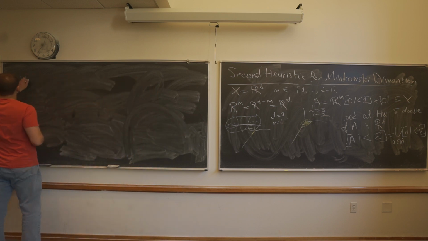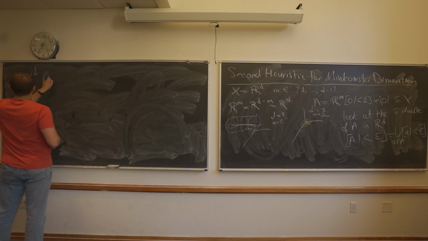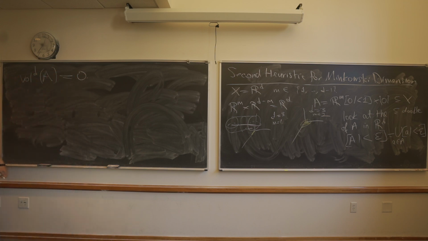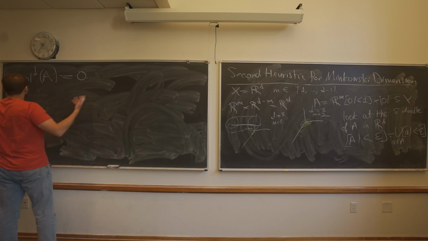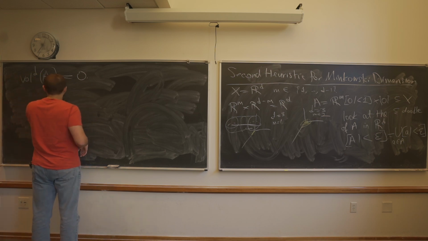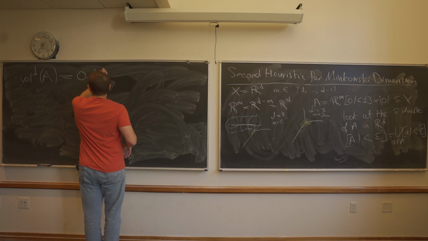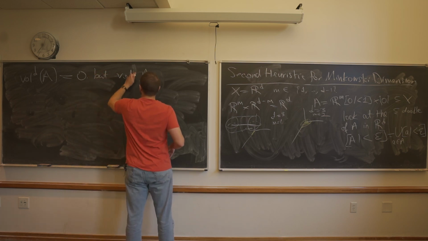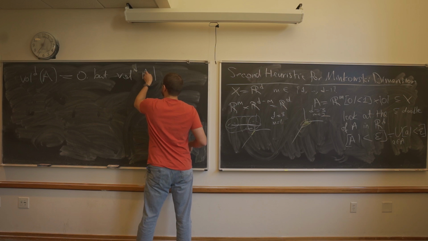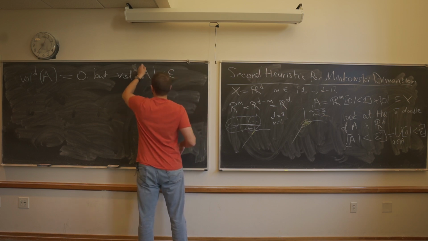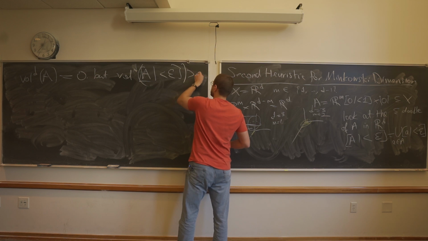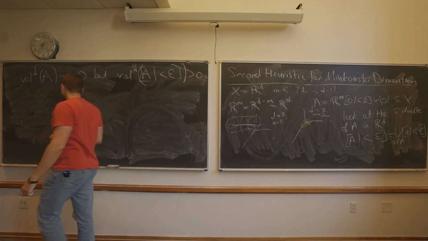The D-dimensional volume of A is 0, but the D-dimensional volume of its doodle is some positive number. So you want to bound this number.